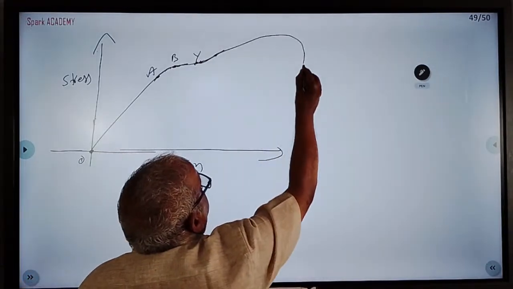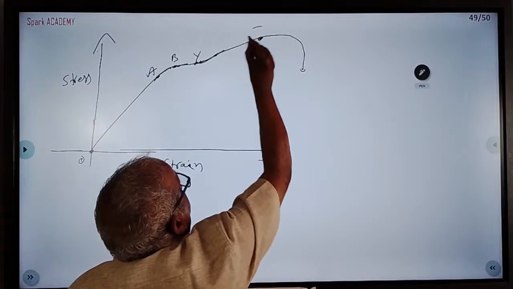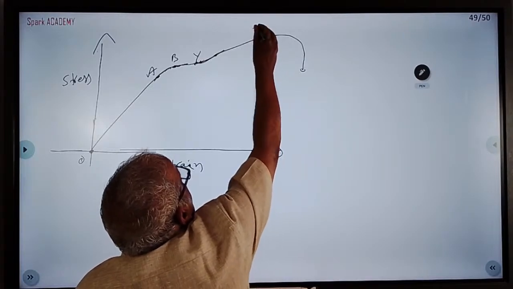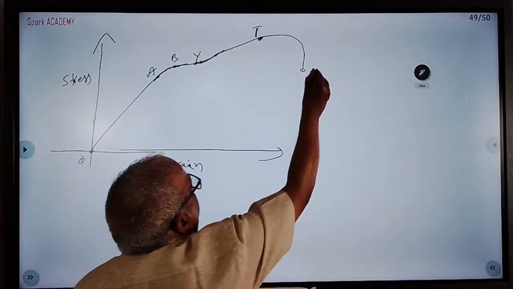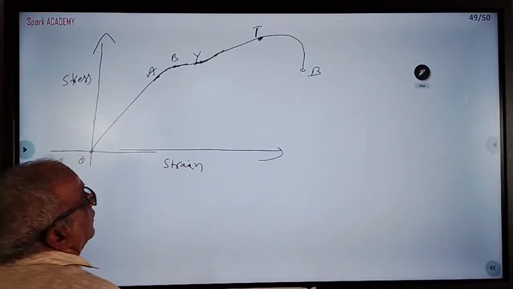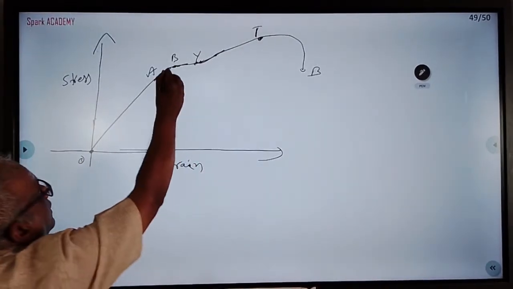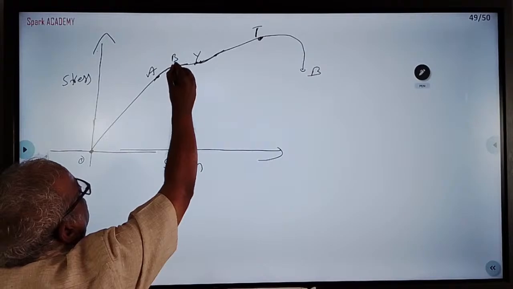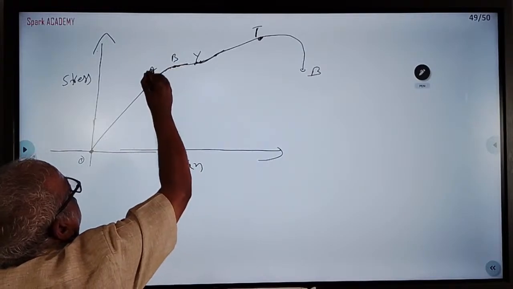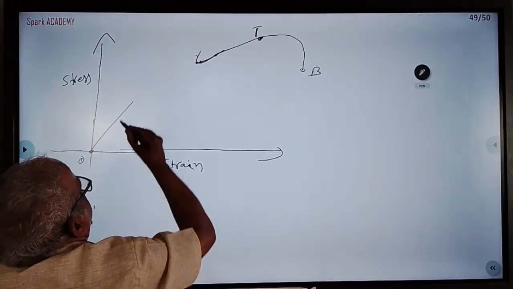Thereafter, like this, we get the tensile point, T. This is called the breaking point. We'll change the names here.